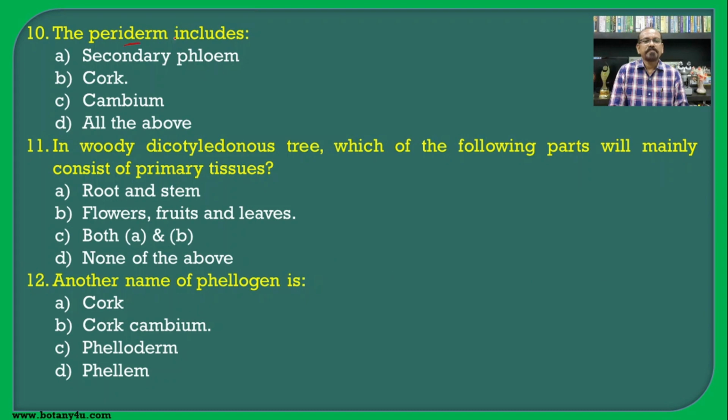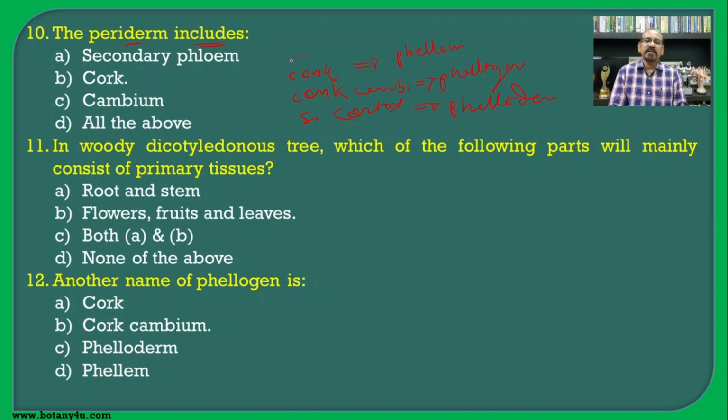The periderm includes, so if you see, the periderm is made up of three different parts, that is the cork, cork cambium and secondary cortex, or in other words we can say the cork is also known as the phellem, cork cambium is also known as the phellogen, and the secondary cortex is known as the phelloderm.